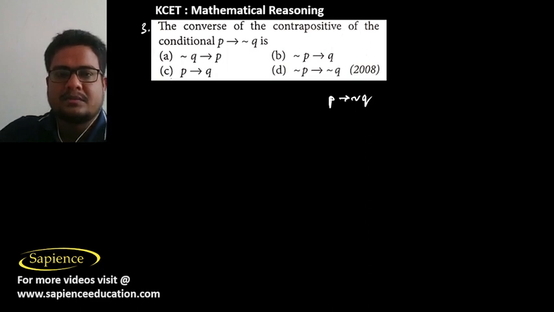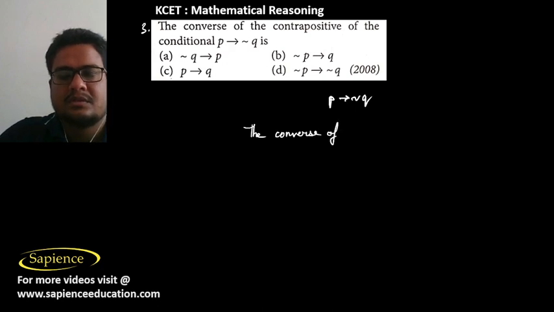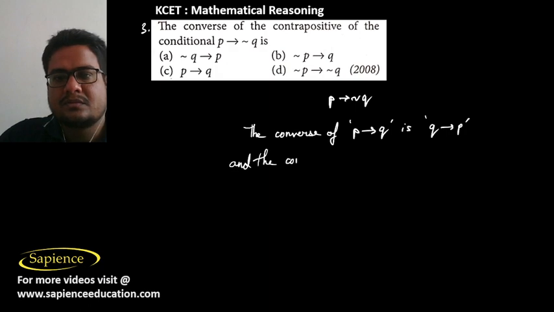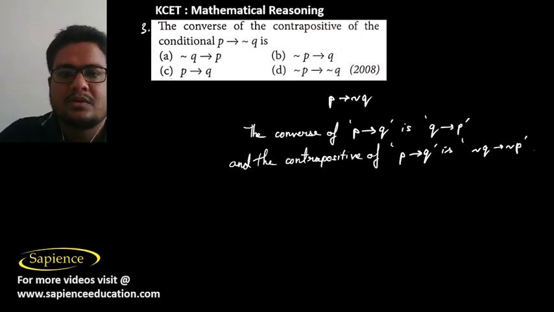So the rule is that the converse of the statement if P then Q is if Q then P, and the contrapositive of the statement if P then Q is if not Q then not P. So now, the converse of the contrapositive.